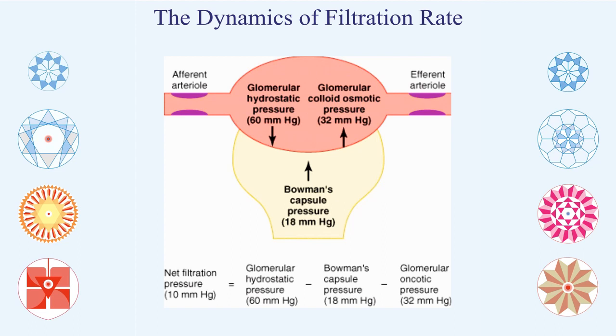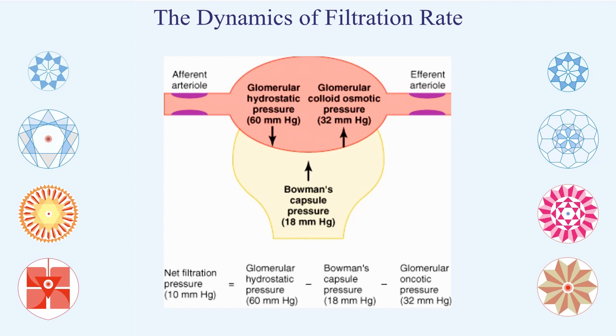They produce a pressure of 18 millimeter of mercury, which opposes the movement from this side. These three main elements play a very important role in moving the ultrafiltrate from the glomerular capillaries into the Bowman's capsule to be excreted out.